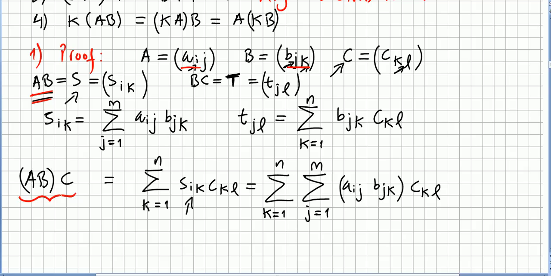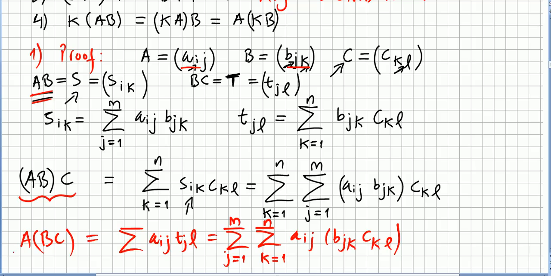What do I need now? I have AB times C, it is this. So now I need A times BC. I'm proving that those two are equal. I'm going to keep writing in red now.